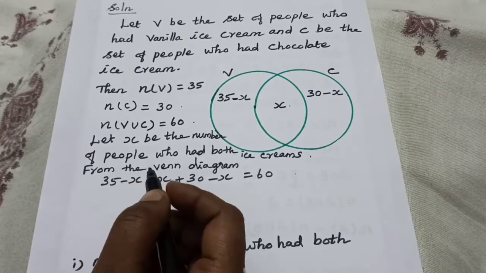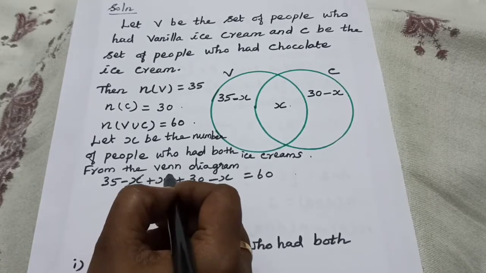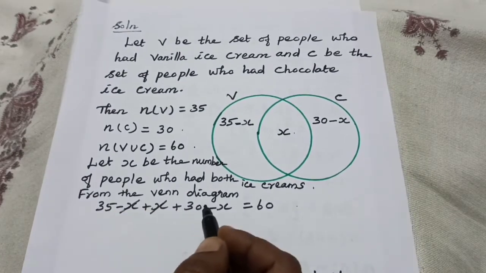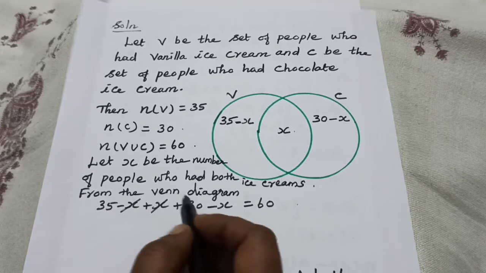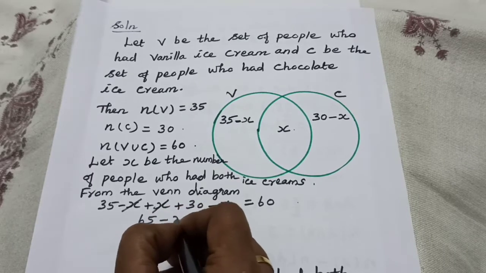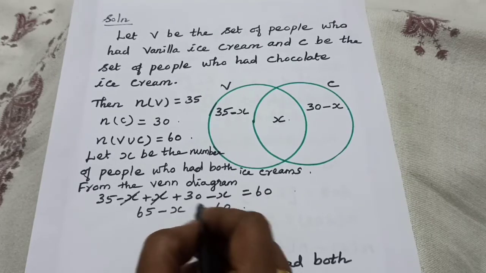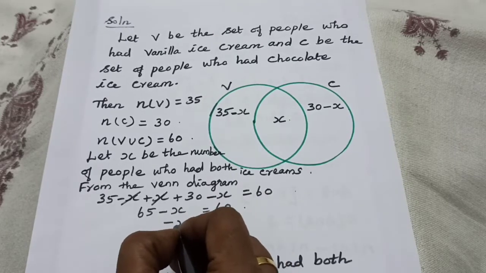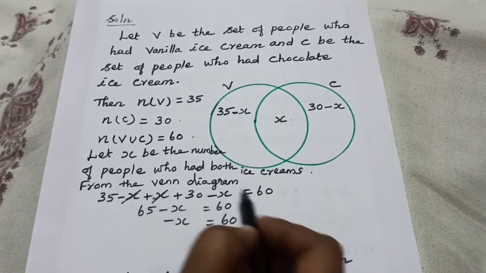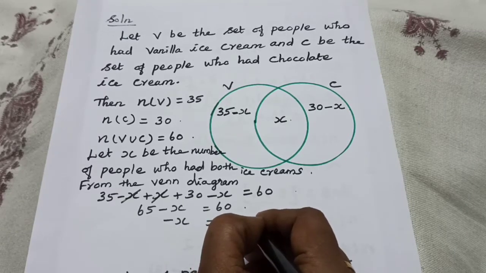Then shall we cancel this? Minus x plus x is what? 0, isn't it? Then these two we can cancel. Understood? Then afterwards here 35 plus 30 is what? 65 minus x is equal to 60. Then this 65, shall we bring to the right hand side? Then the sign will change, isn't it?